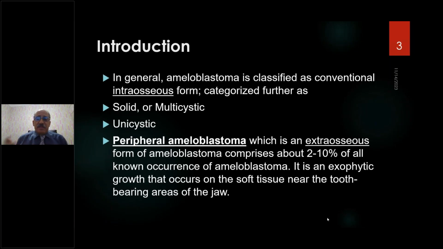Anyway, the peripheral ameloblastoma is the extraosseous form, comprising 2 to 10% of all ameloblastoma, and it is an exophytic growth that occurs on the soft tissue near the tooth-bearing areas of the jaw.